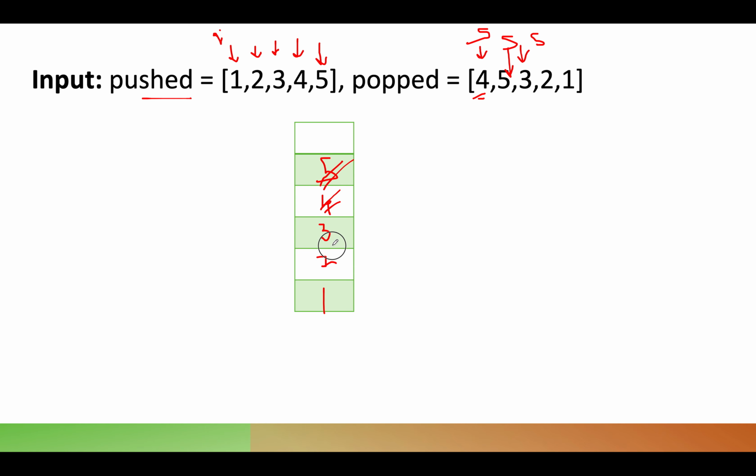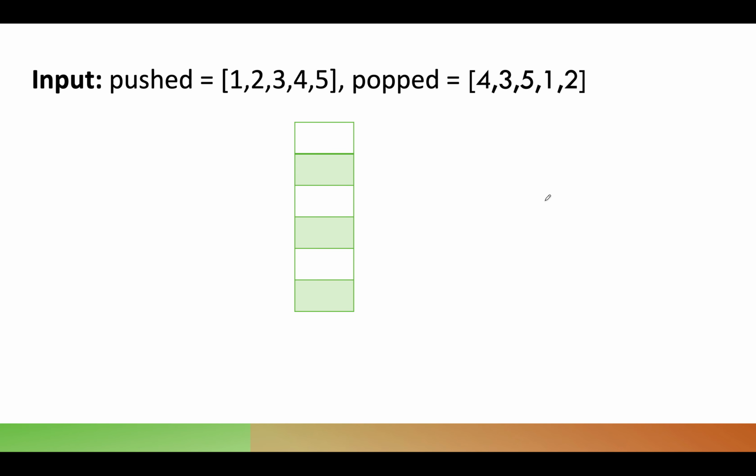Again, the peek element matches with the popped current index element, hence we remove it, move the popped element counter, and again it's a match, increment the S counter. S points to the last element, and this also gets removed. Again the stack turns out to be empty. That means the operation was possible and we return true since the stack is empty.